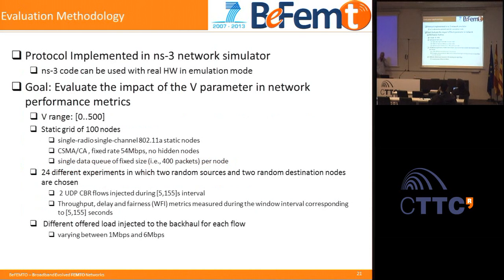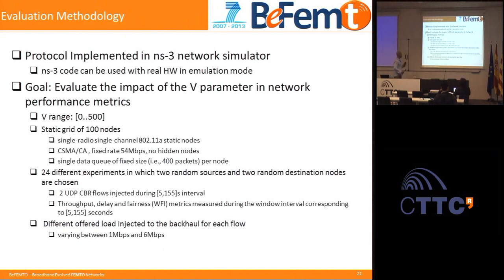This is the setup of the NS3 simulator in order to see the effects of the configuration of a fixed V routing policy. What we've done is to inject, in this case, two flows in the network of femtocells, and we measure target network performance metrics with this simple penalty function, which is the relative distance to the intended destination.